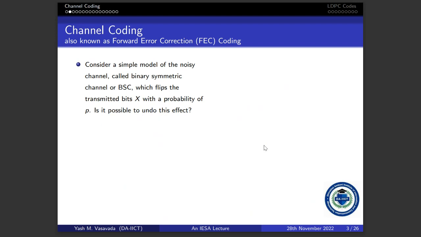Now, as you all might have observed earlier, whenever a topic which is sufficiently complex is presented to you and you are learning it for the first time, maybe the best way to begin is to start with something very simple.